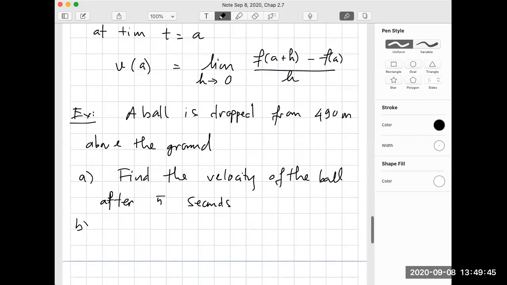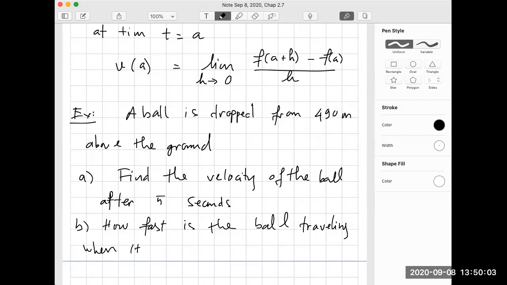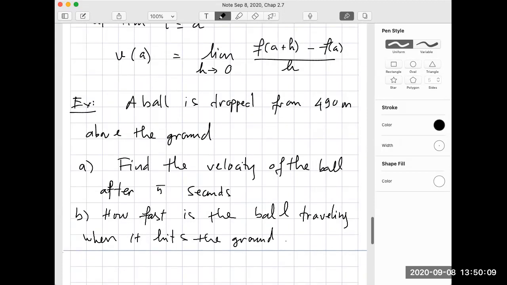The second question is, how fast is the ball traveling when it hits the ground? Okay?